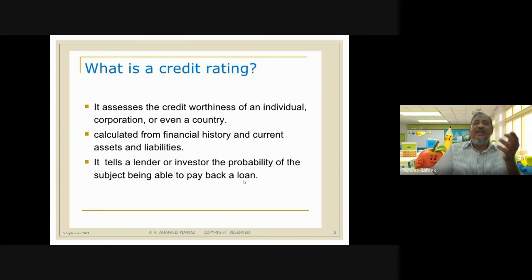That is discussed greatly in the credit rating system: the lender's or investor's probability of the subject being able to pay back the loan. Right.